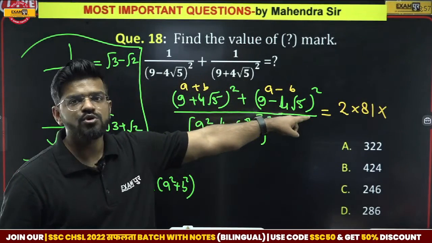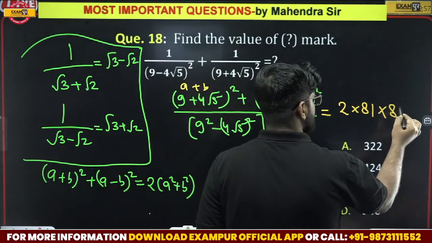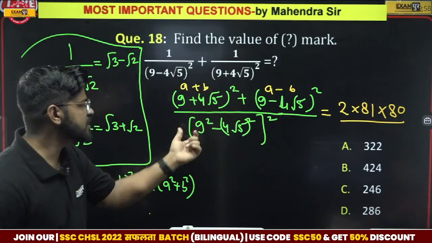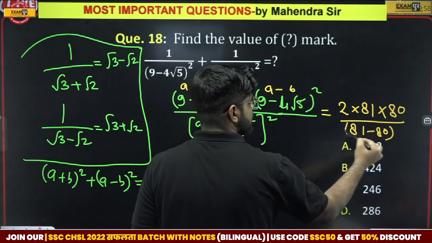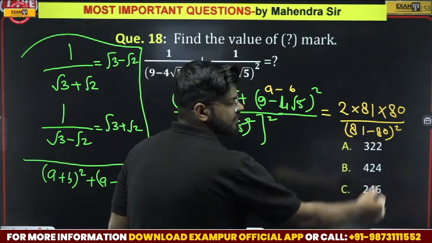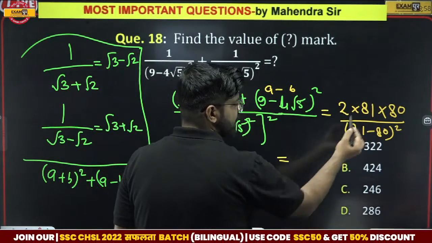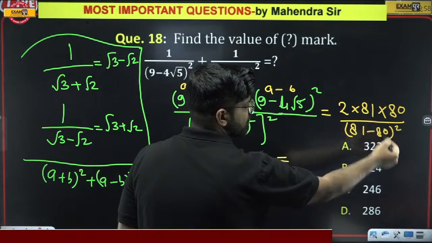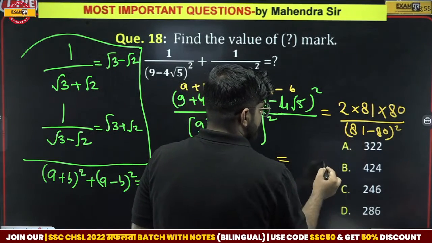Square of 4 into square of 5: 16 times 5 is 80. This is divided by a square minus b square, that is 81 minus 80 whole square. So the denominator is 1. Finally, we have to find the multiplication of these two.